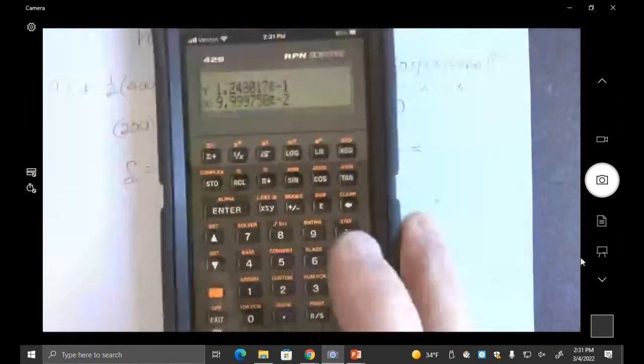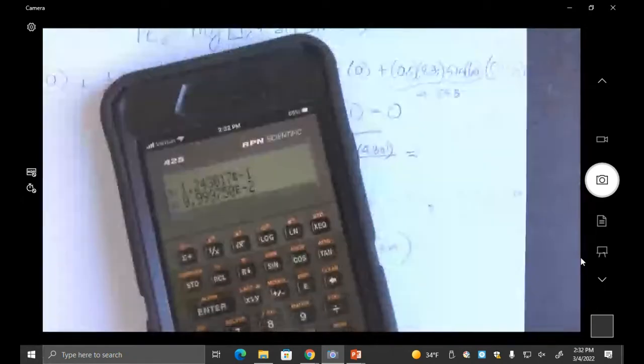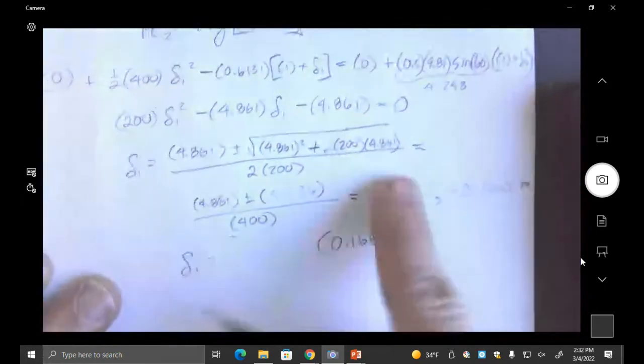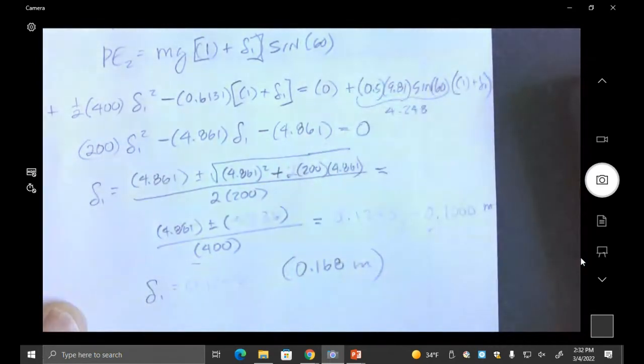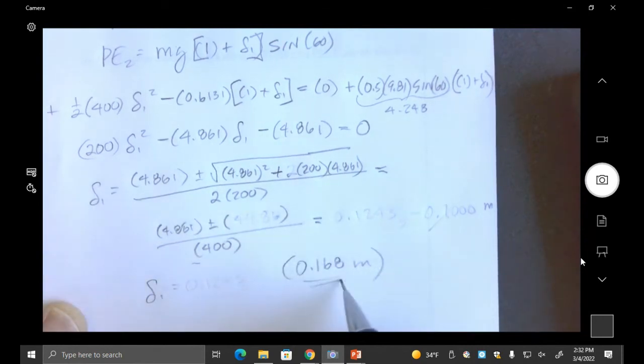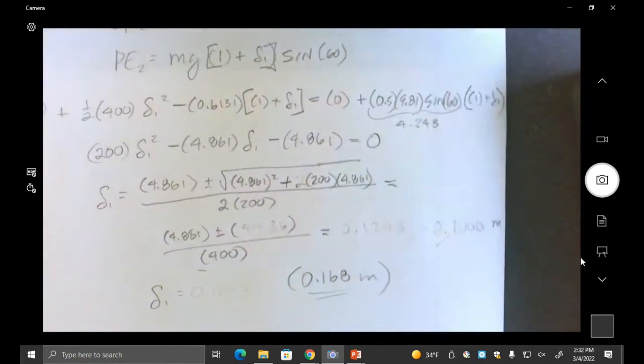I'm sure there is one. My virtual 42S. I use a 35S because that's allowed on the FE exam. So anyway, this is the answer right there. Don't want to waste more of your time with me struggling with math.